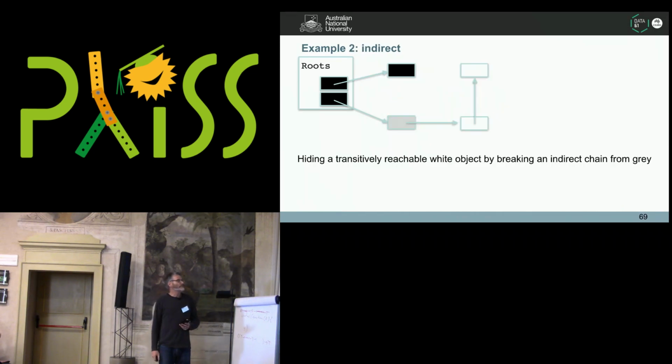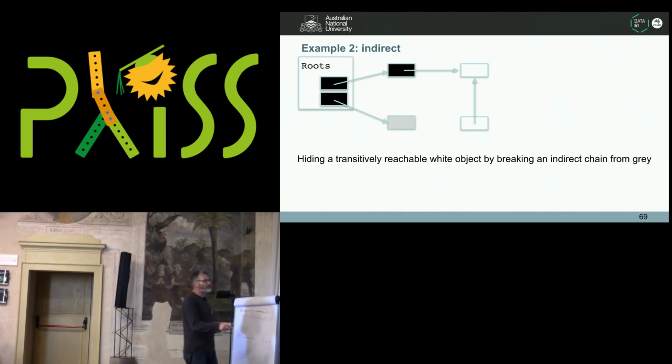The other way to get into trouble is to hide what's known as a transitively reachable white object. This is the condition 2 that we saw there. So we have a reference here that the mutator will follow this chain of references, pick up that pointer, and store it into the black object, and then overwrite a gray pointer, in this case, with null.